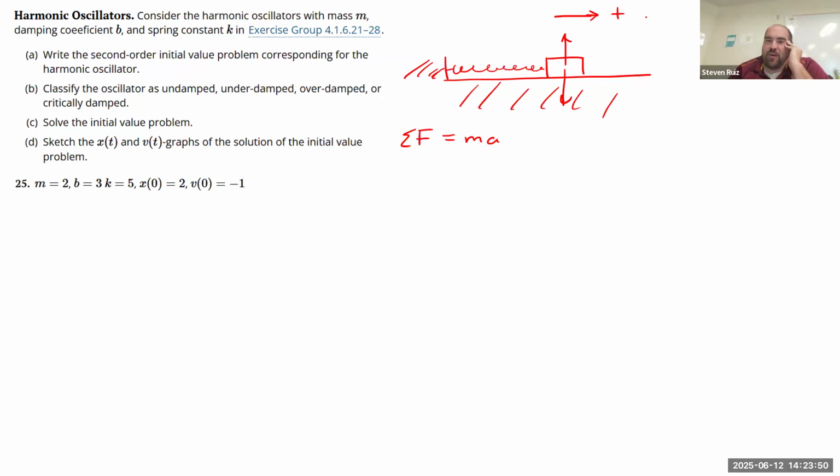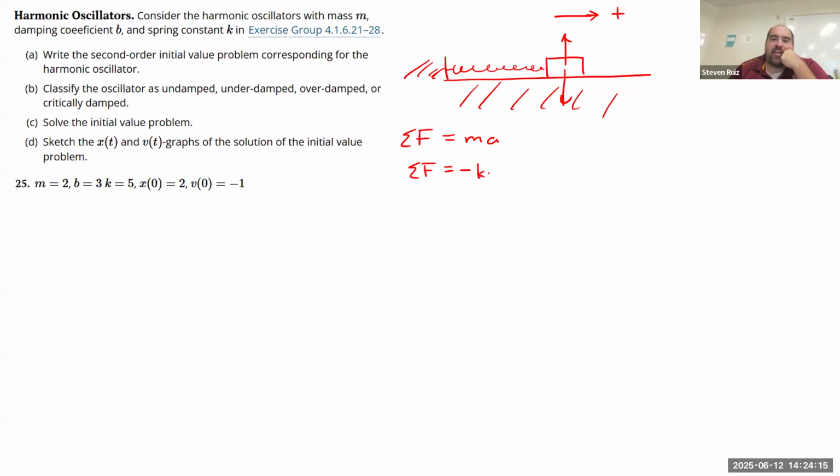If it's moving to the right, then I'm going to have two forces acting on this. One force is going to come from Hooke's law, which is given by negative kx.